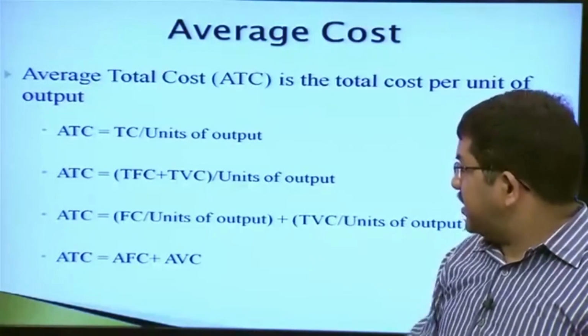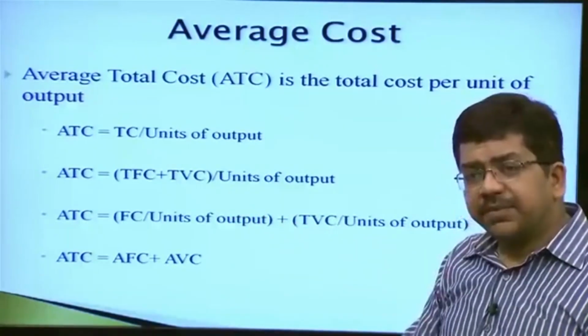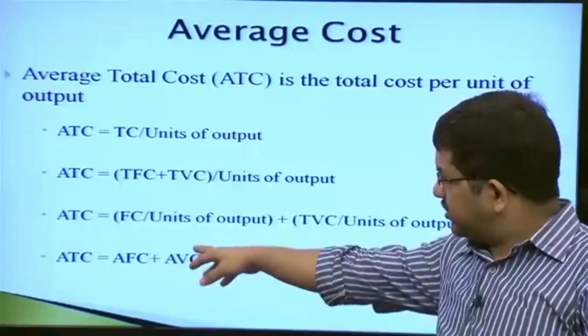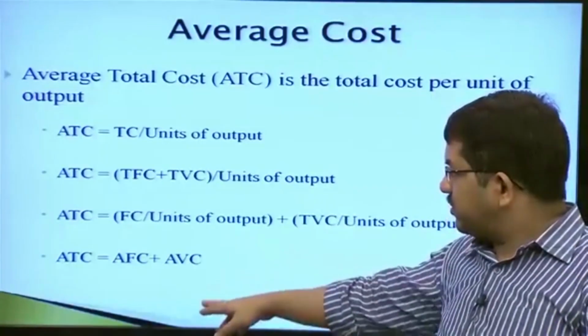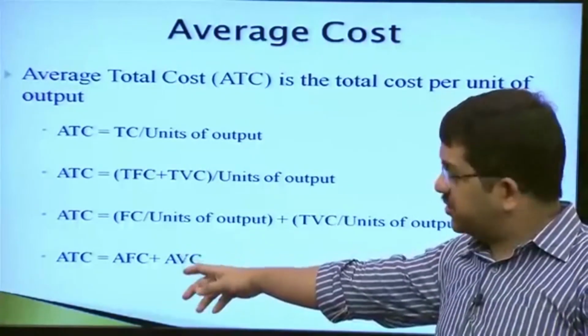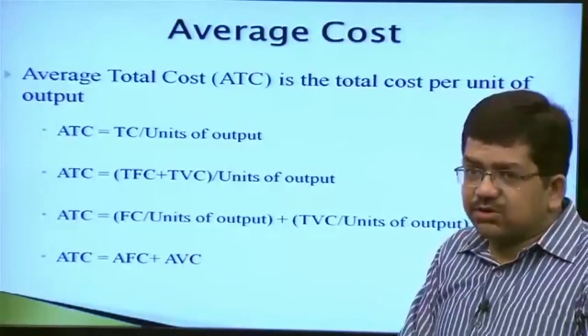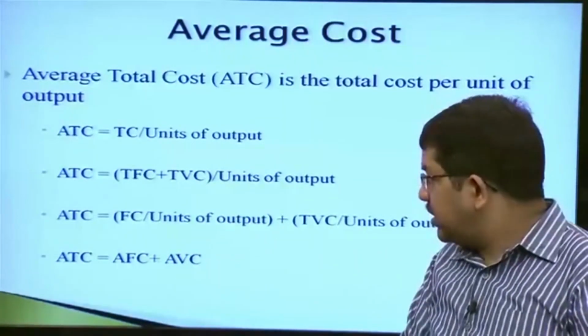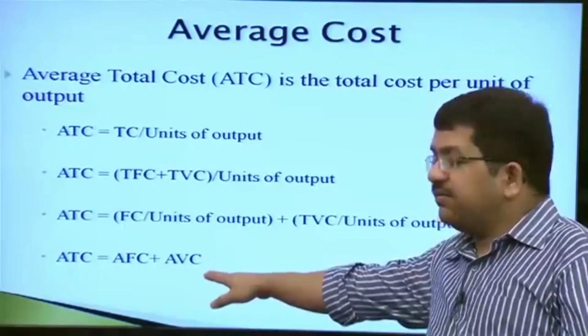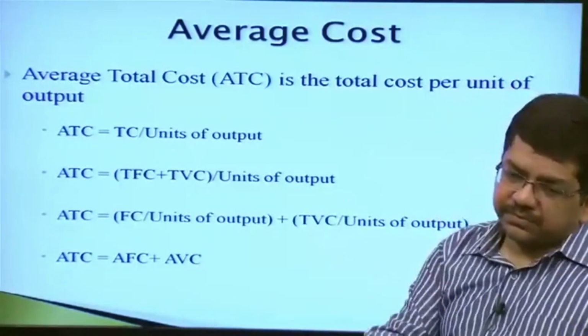When this equation is solved, you will get that average total cost is average fixed cost plus average variable cost. As you produce more units, your average fixed cost will go down, so that will result in a lower total cost. On the other side, variable cost will remain the same.